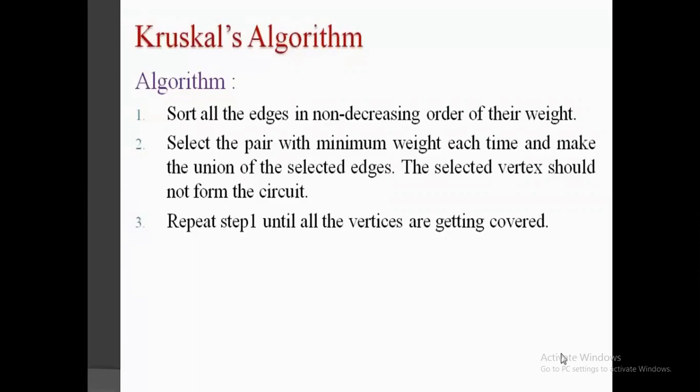The selected edges should not form a circuit. So select the edge which has the minimum weight or minimum cost, and it should not form a circle or path, but we need to visit all the vertices. And step 3, repeat until all the vertices are covered.